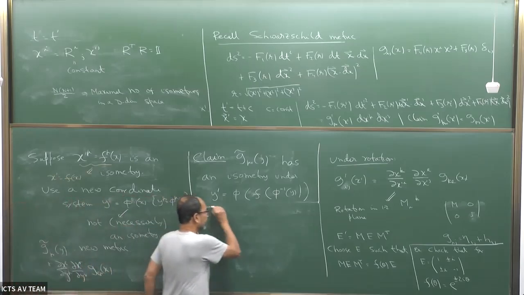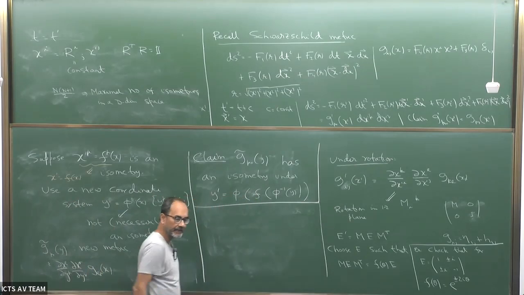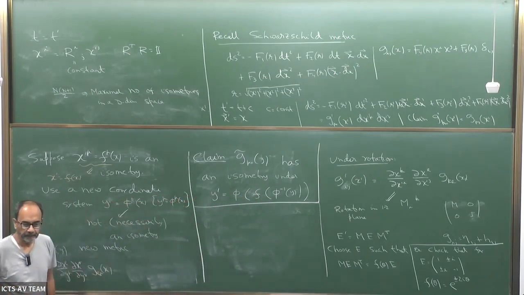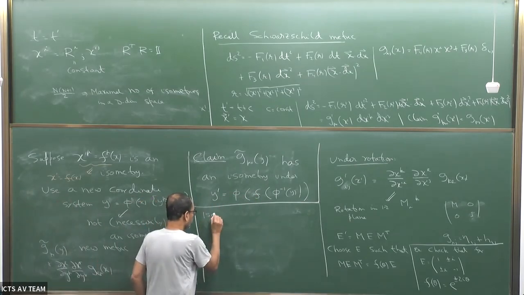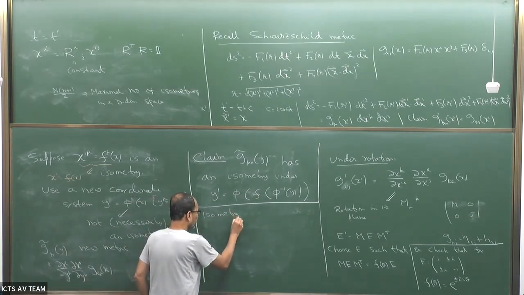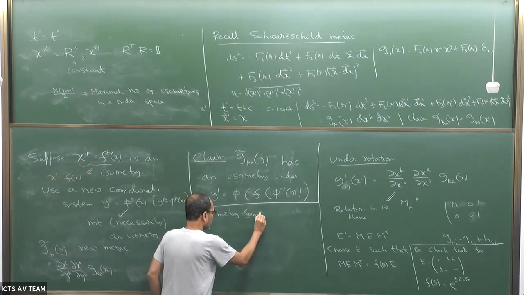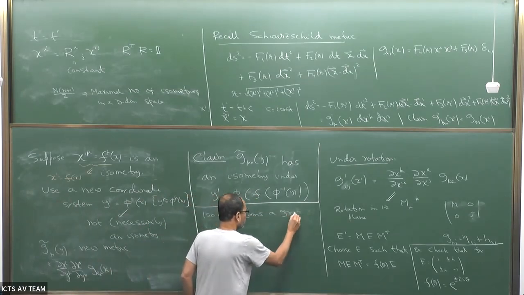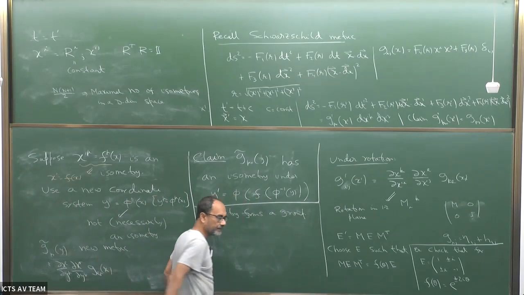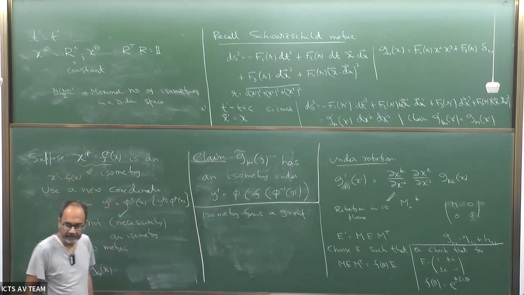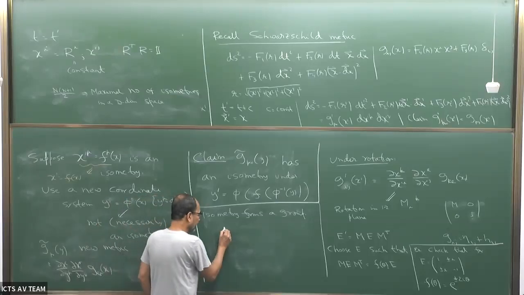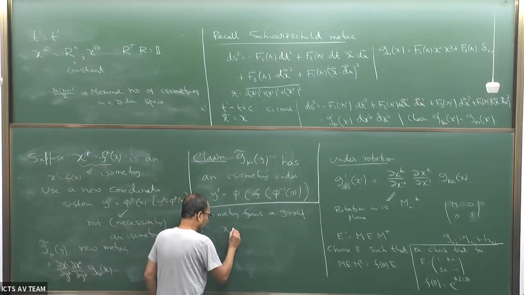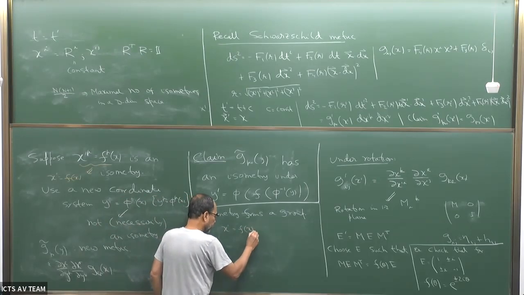The second statement, which is again reasonably straightforward to see, is that the isometries form a group. You can again try to verify all of these explicitly by doing some algebra, but the statement is obvious. So what do you mean by it forms a group? Let's suppose that x prime equal to f of x is an isometry.